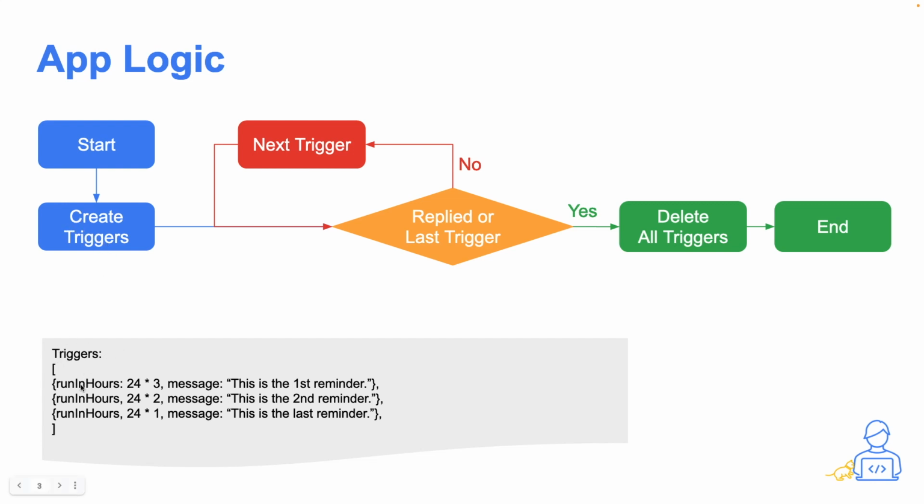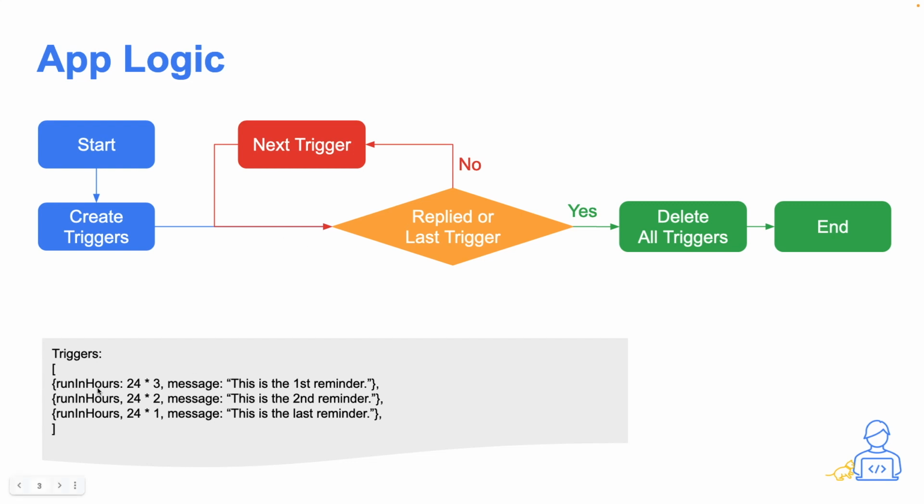Okay, so basically for each reminder, because we have a time here in hours, the script will know when the trigger should be triggered. So by these hours here, and then we also provided a message for that reminder. So at the start of the process, we create all the triggers for the thread.